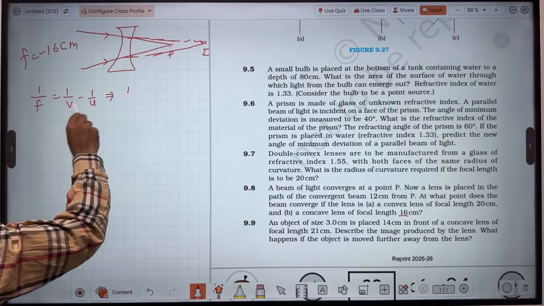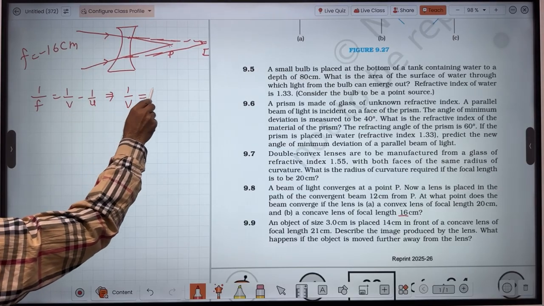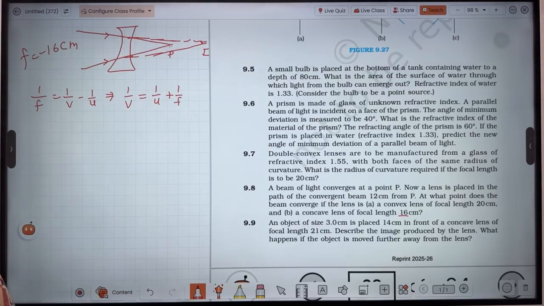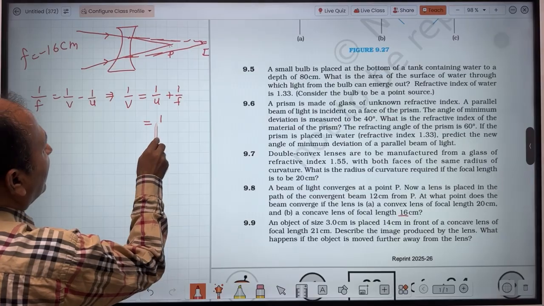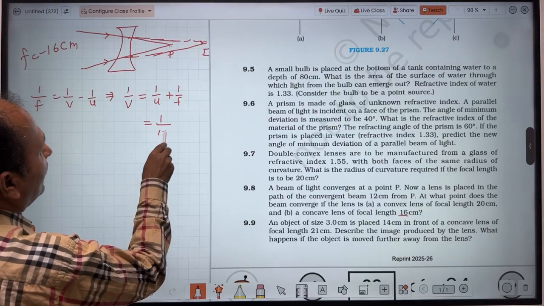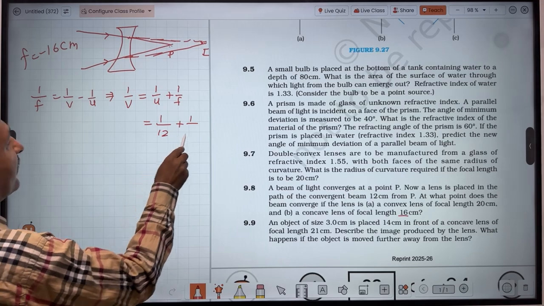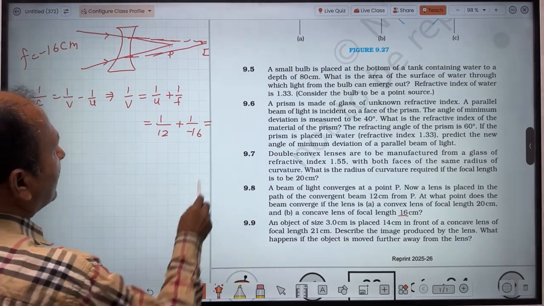So our concern is to get v, so 1 upon v is 1 upon u plus 1 upon f, right? And we can put the values: u is 12 and focal length of the concave lens is minus 16. So what do we get?